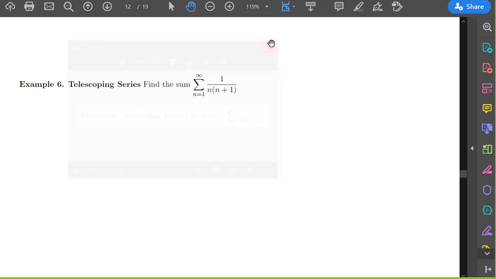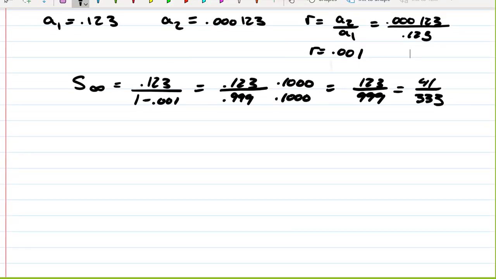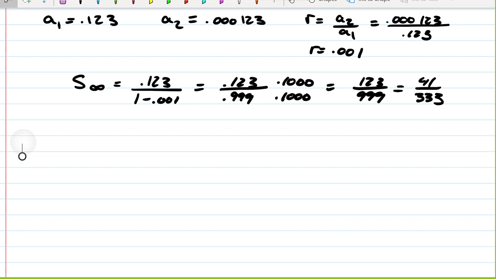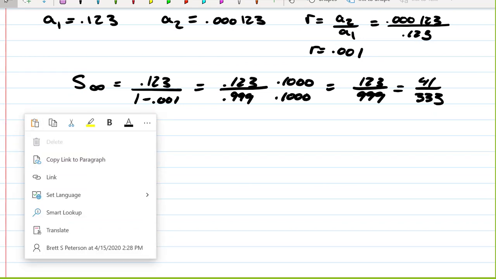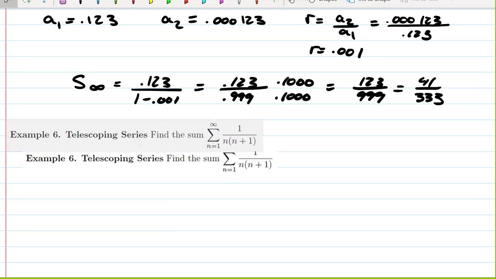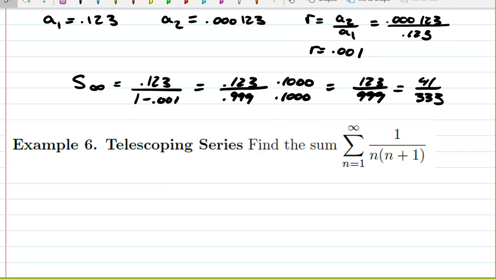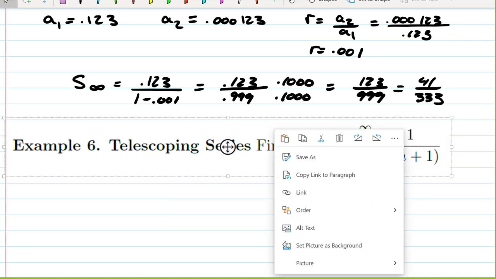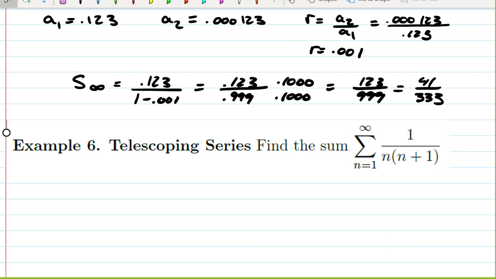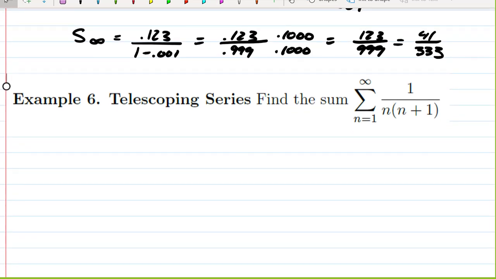Sometimes we can find the sum of a telescopic series by using different algebraic techniques. So in this case, the idea of a telescoping series is that when we start writing out some terms, if we do the right algebra, we're going to get a whole bunch of things that reduce out.